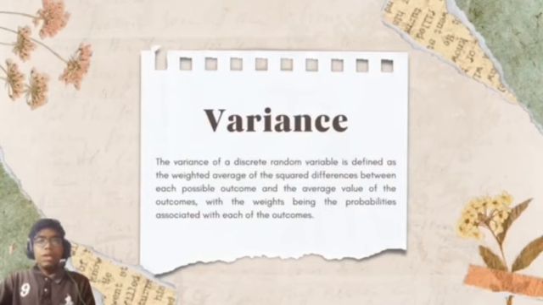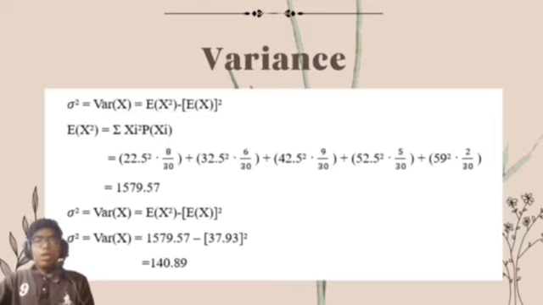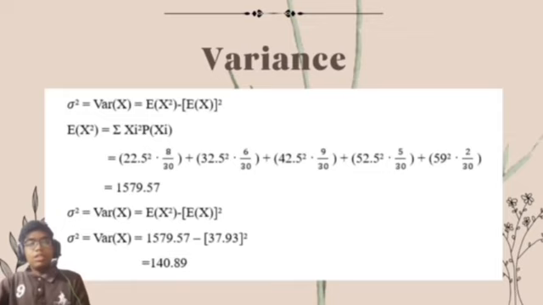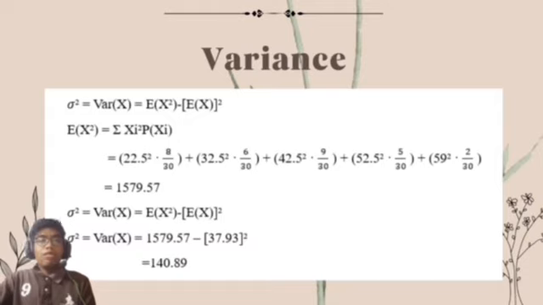So let's move on to the variance. The variance of a discrete random variable is defined as the weighted average of the squared difference between each possible outcome and the average value of the outcome, with the weights being the probabilities associated with each of the outcomes. So this is the formula of the variance. There are two formulas. First is the formula of variance itself, and the second one is the formula that gives us E(x^2). E(x^2) is basically the same formula as the expected value, but we add the power of 2 beside x.